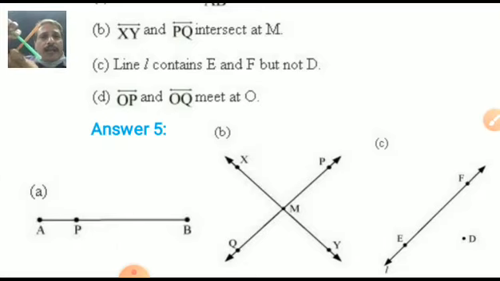Anyway, two lines are cutting on one particular point, and that name is M. But it is very clearly shown here in figure B.